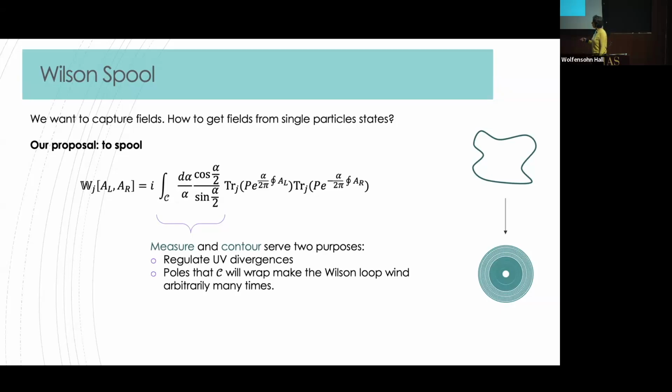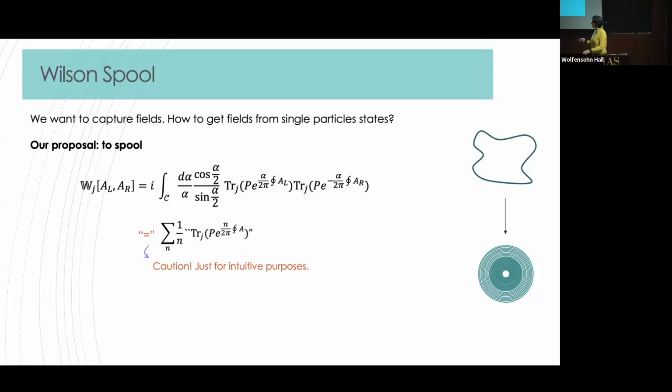If you think of this as basically doing a bunch of residues every time I hit a pole in alpha, you can, in quotes, think that this is basically a 1 over n times n times. Alpha is also appearing up here in the exponent of n times the path ordered exponential.